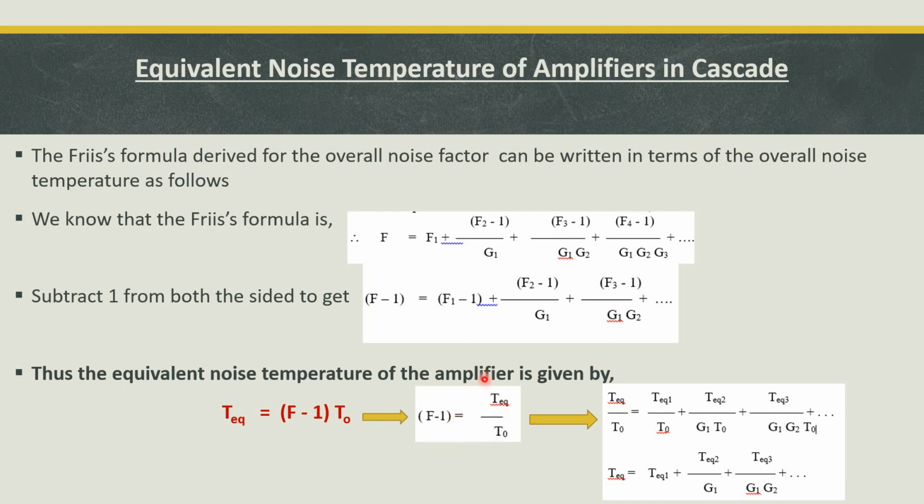Substitute this in your previous equation, T equivalent divided by T naught equal to T equivalent 1 divided by T naught plus T equivalent 2 divided by G1 into T naught and so on. Then T naught is the common term, we cancel it on both sides. T equivalent equal to T equivalent 1 plus T equivalent 2 divided by G1 plus T equivalent 3 divided by G1 into G2. So this is the equivalent noise temperature equation for the cascade connection of amplifiers.